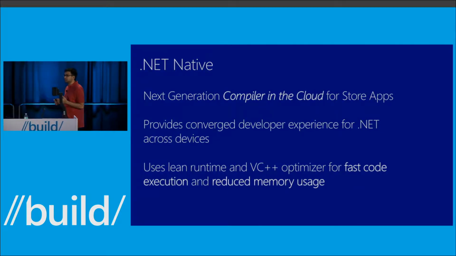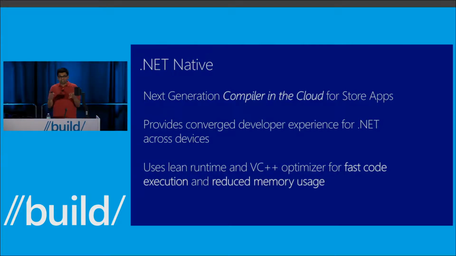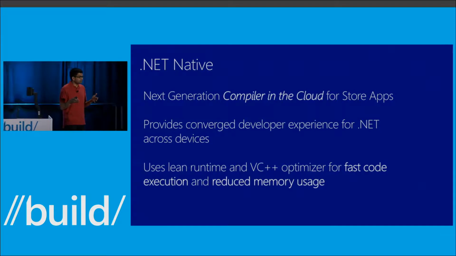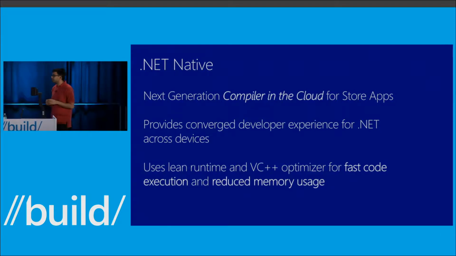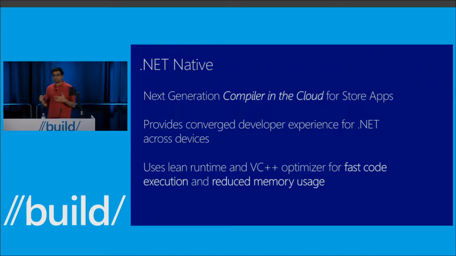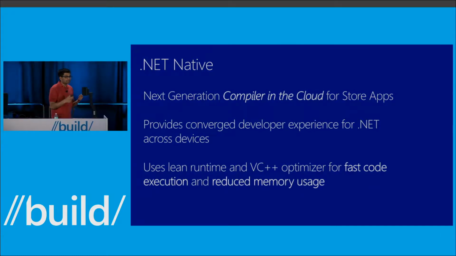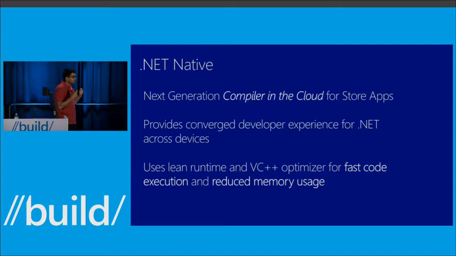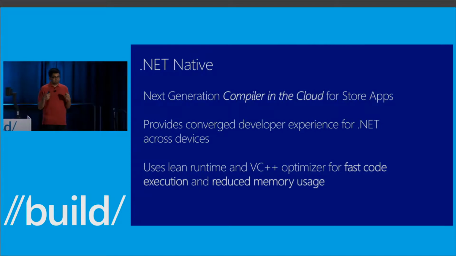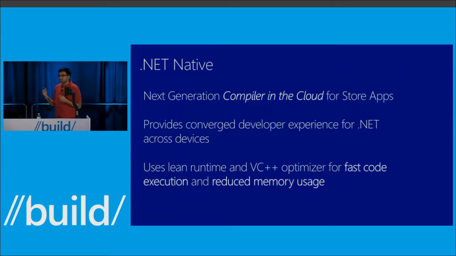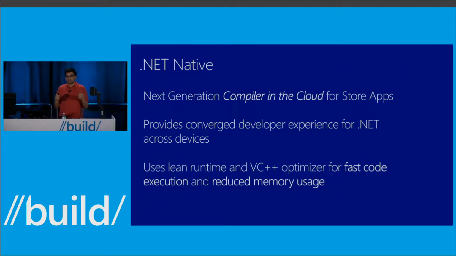It allows us to provide a converged, consistent set of experiences across all devices that run Windows 10. And it also allows us to use some of the great work we have done in our C++ technologies in our backend to bring that to a .NET developer. We've done a lot of work to make sure that the optimizations that we do for your C++ code are actually pretty good. And this is an opportunity where we are bringing that to you as well, the .NET developer.